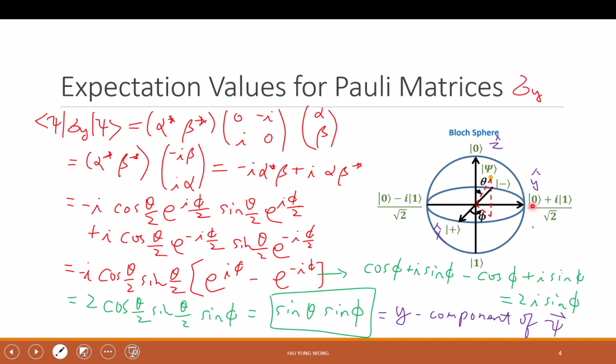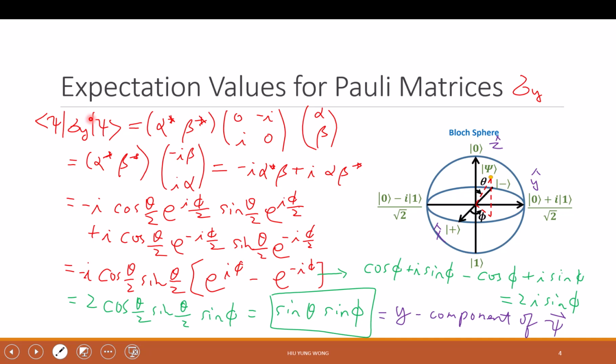Sigma y corresponds to this direction. So it corresponds to the 3D space in this way. There's another relationship: if you set a magnetic field in the z direction in real 3D space, the corresponding matrix is sigma z for the space that we cannot see. You need to think about what I'm talking about, but don't get confused, it has this relationship.